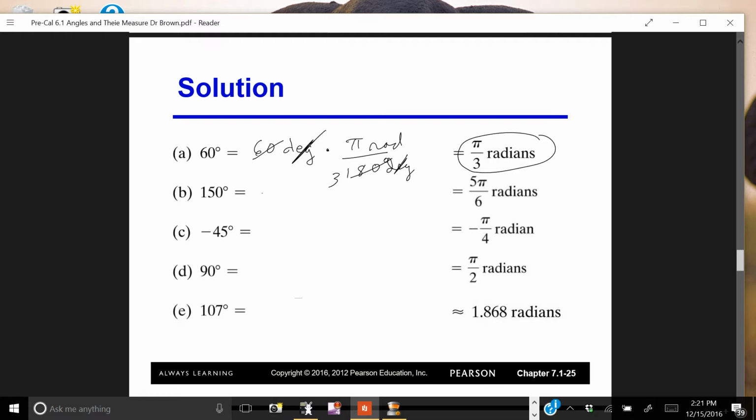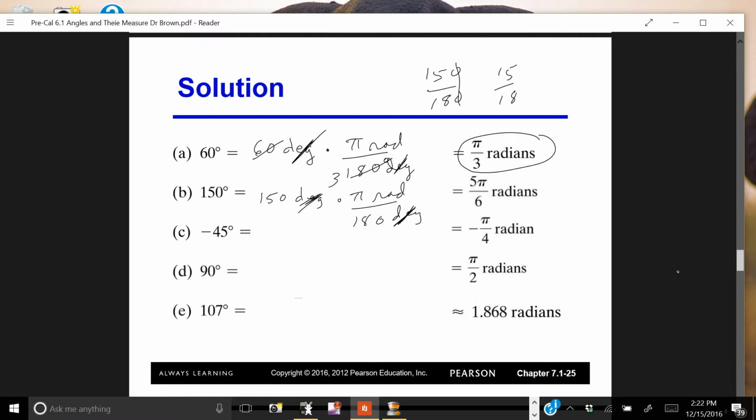150 degrees is 150 degrees times pi radians divided by 180 degrees. We know we're right because we're getting the degrees to cancel, and we're going to end up with 150 over 180, which is 15 over 18.